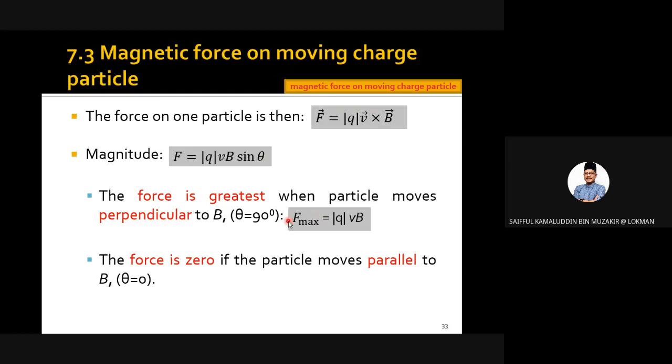Remember that. And the force is zero whenever the particle moves parallel to B, whenever the direction of B and the velocity of the particle are in the same direction. Therefore, no force will be produced. Remember this.